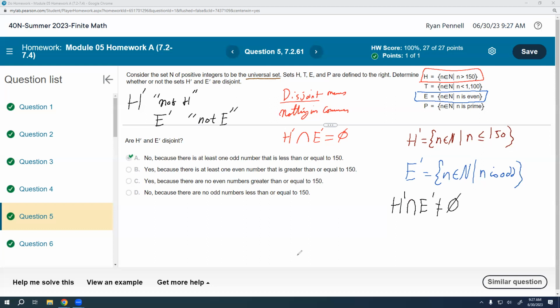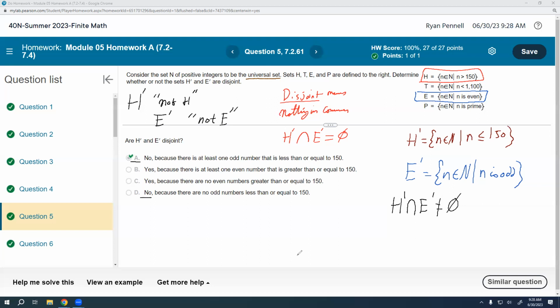So you're either between this one and this one now. So no, because there's at least one odd number that is less than or equal to 150. Or part D, they probably mix this up, but my part D, no, because there's an odd number that is less than or equal to 150.